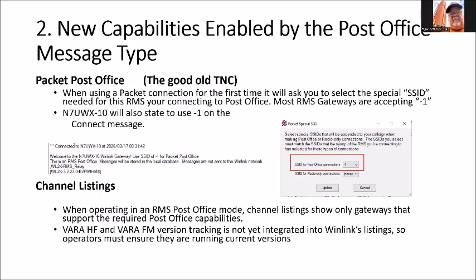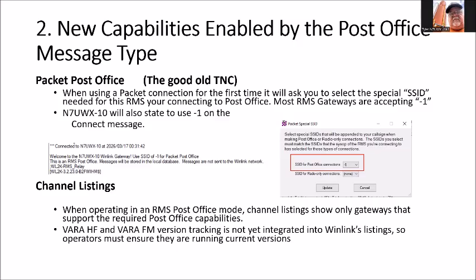Packet post office, the good old TNCs, but we really are encouraging everybody to start using VARA instead of the old TNCs. When using packet connection for your first time, it will ask you to select the special SSID needed for the RMS you're connecting to, the post office. Most RMS gateways are accepting a -1.